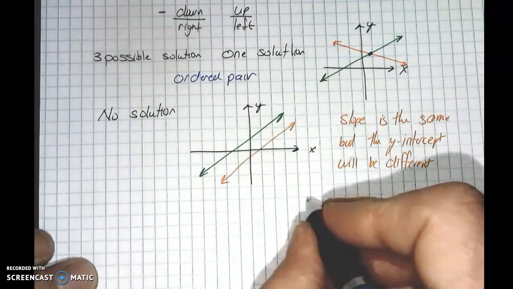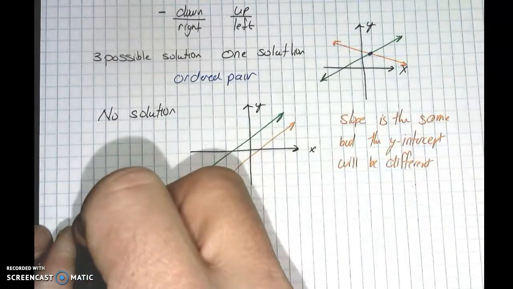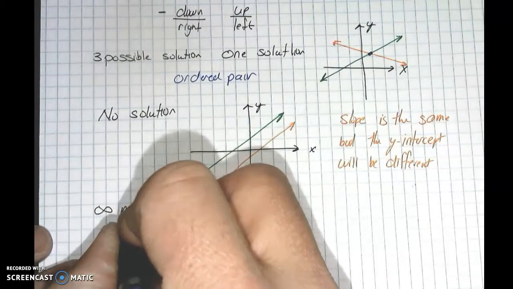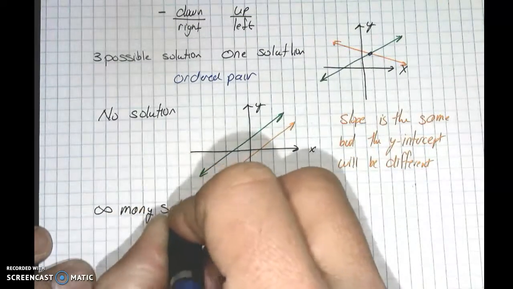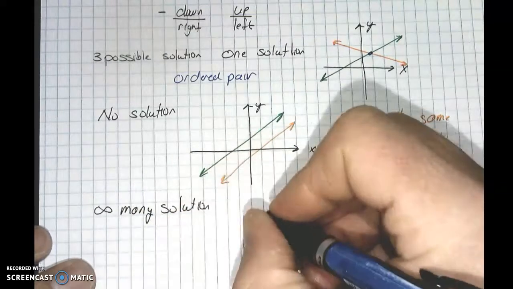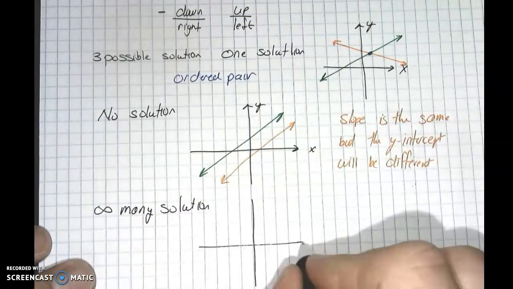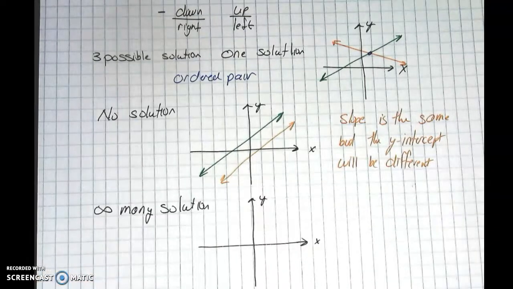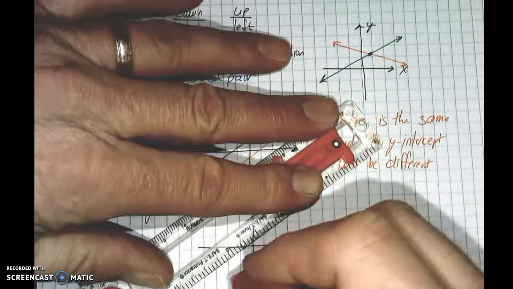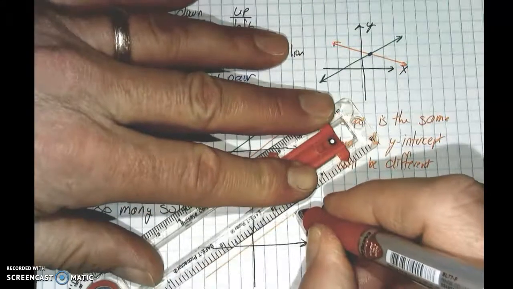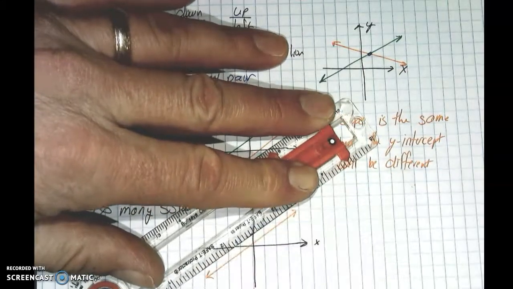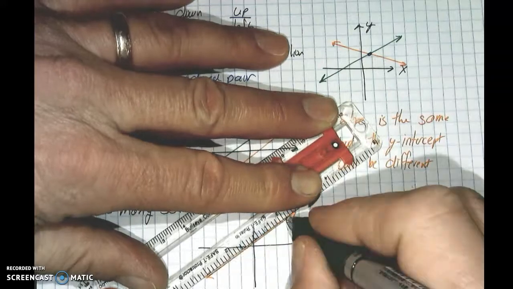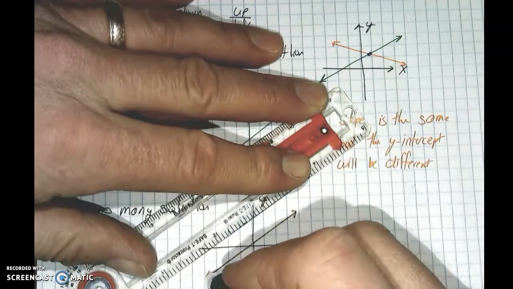And then you're going to have infinitely many solutions. And what that means is that our lines are exactly the same. So we draw the one line in, and then our second line goes right on top, just like that.